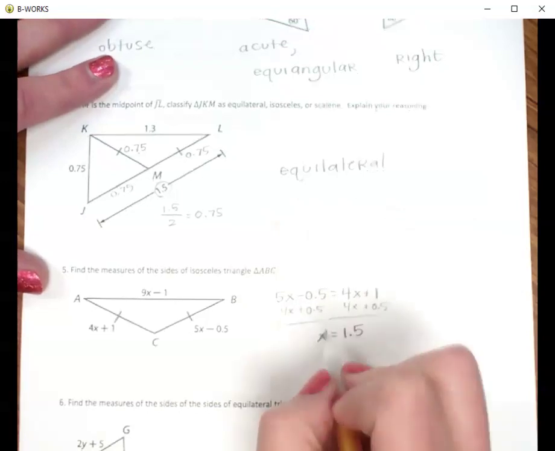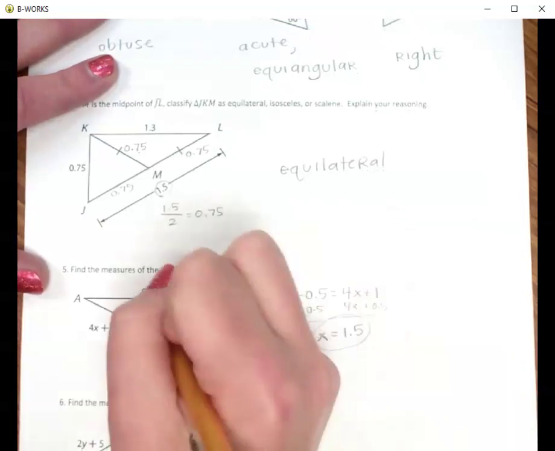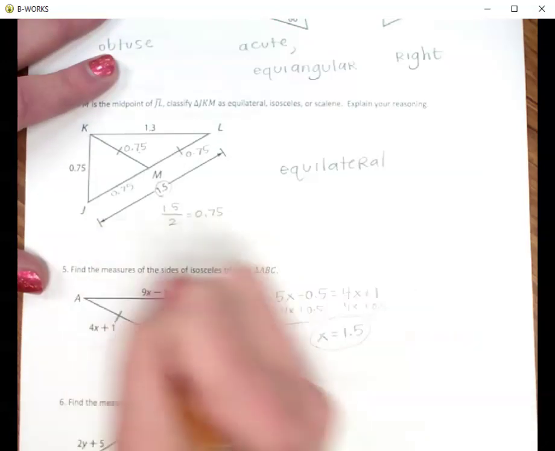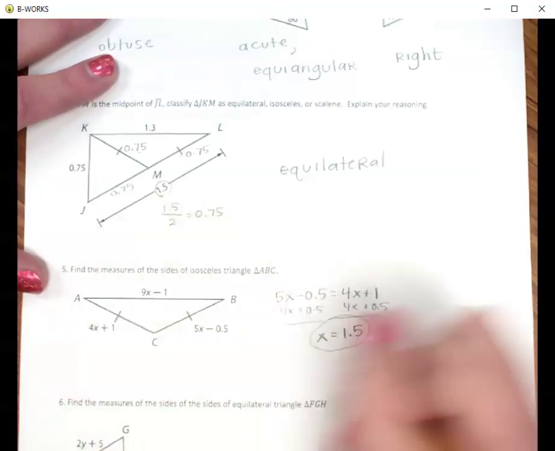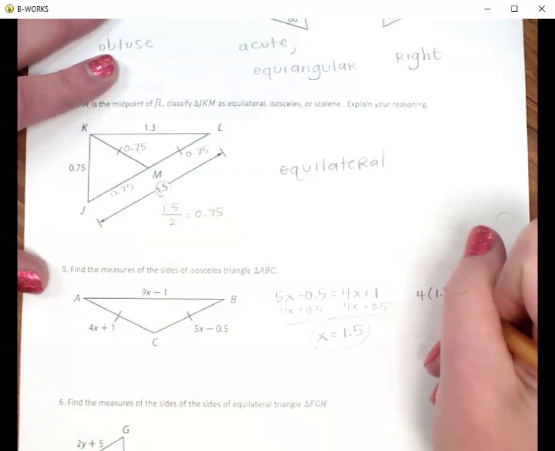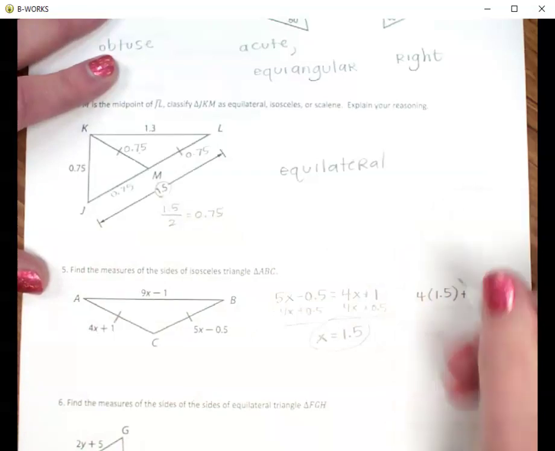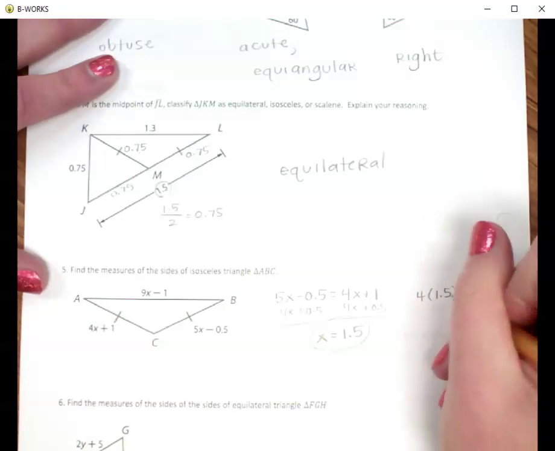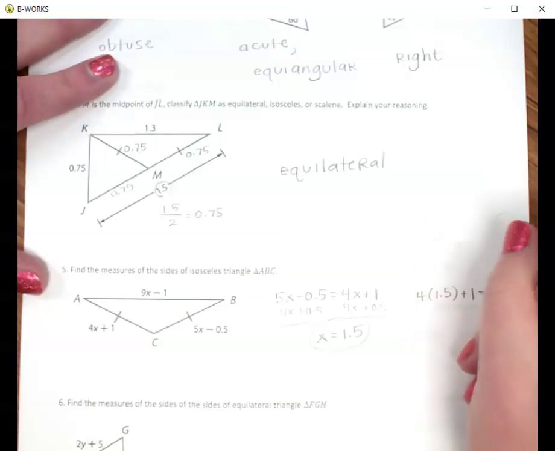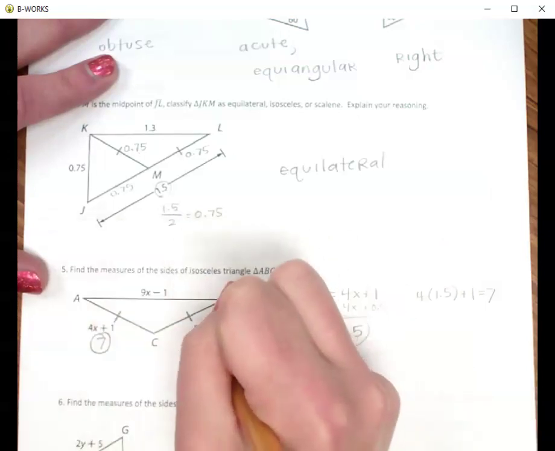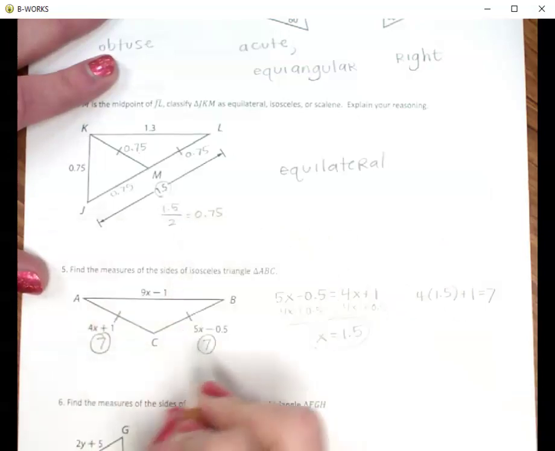But I didn't just want my x value, I wanted the lengths of these sides. So my x value is going to go into x in all of these expressions. 4 times 1.5 is 6. 6 plus 1 is 7. So AC is 7. BC is also 7 because those are congruent.